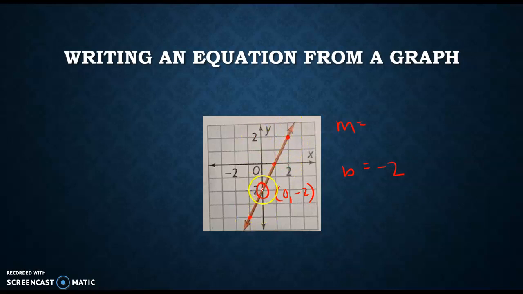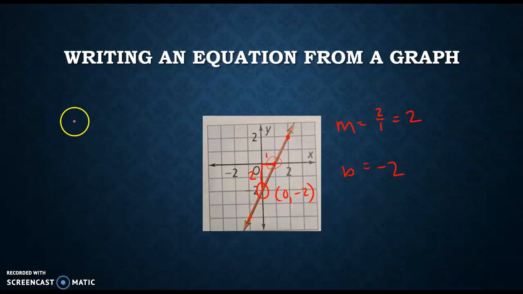It doesn't matter, but those are the points I'm looking at because they cross at whole numbers. So since I already have my y-intercept, I'm going to go from the y-intercept to what technically right now is the x-intercept. It will not always be y-intercept to x-intercept, but I'm going to count my slope. I go up 2 and over 1, so I have a 2 over 1 for my slope, which is 2. So I found my slope, I found my y-intercept.